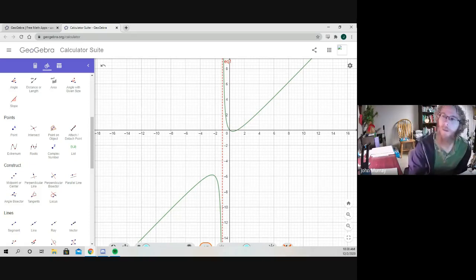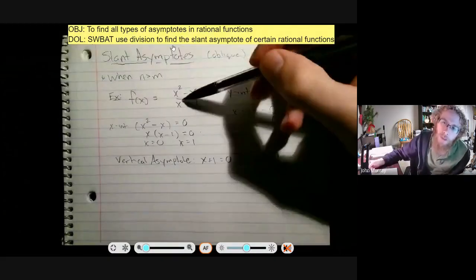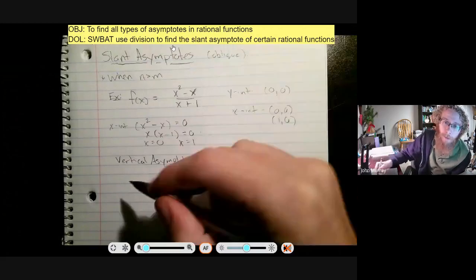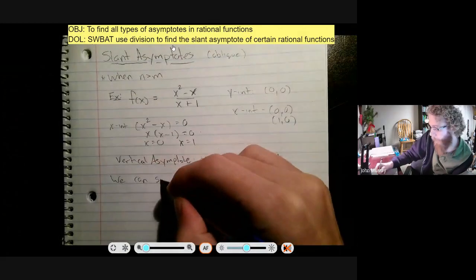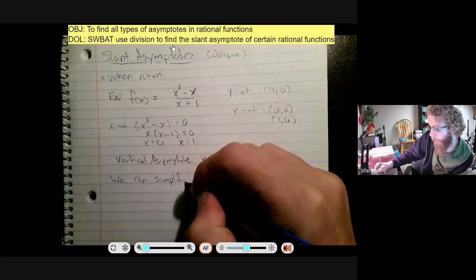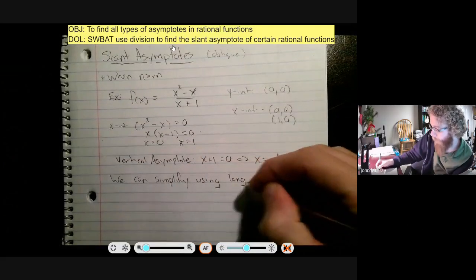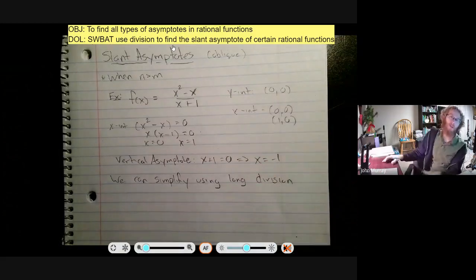So this last part. Because the numerator is a higher degree than the denominator, we can simplify this.